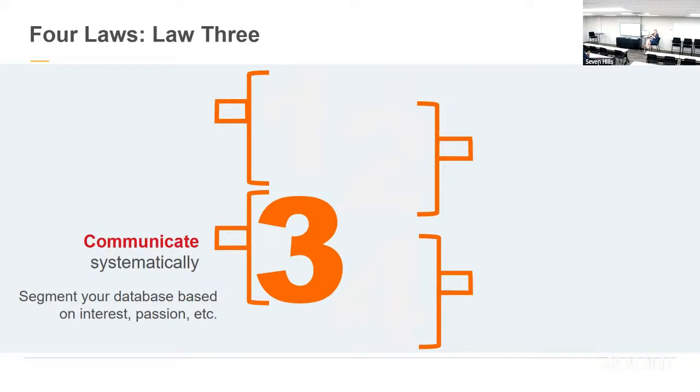It sounds like a broken record, but it's so important while you're in your database to tag people so that you can systematically communicate to them at a high level every single time. Start thinking about these community events and farming certain areas.